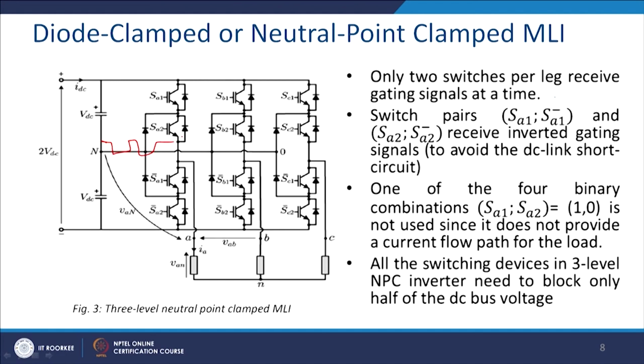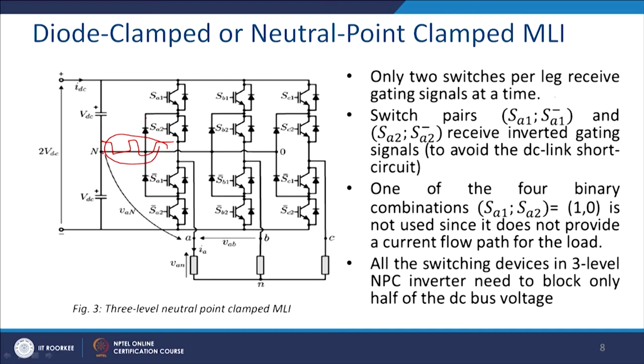Instead of that, we can connect a diode, and you can use the switch S2, and thus what will happen, these 2 switches, and similarly in the lower half this diode will conduct. So, instead of these switches, we can replace it by a diode.